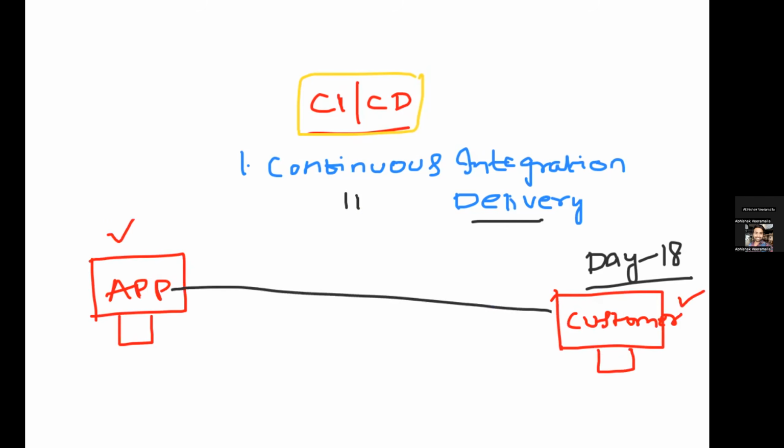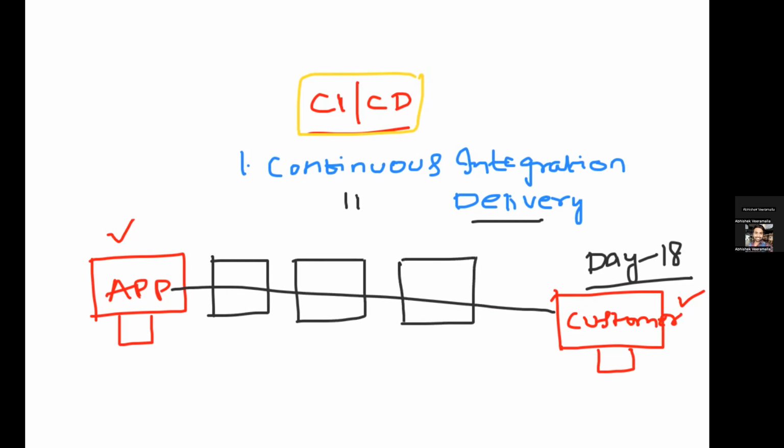Every organization goes through this, whether it's a startup, an MNC, or a MAN company. Everyone has customers over the globe, and your application has to be delivered in a prompt, efficient and reliable way. That is, your application has to be tested, scanned for any security vulnerabilities, and there have to be reports suggesting that everything is perfect. Finally, you deploy your application somewhere which your customer will be able to access.